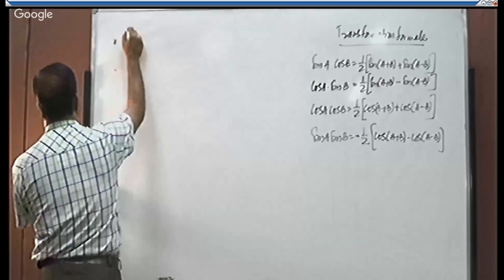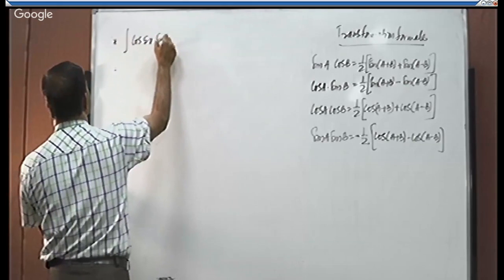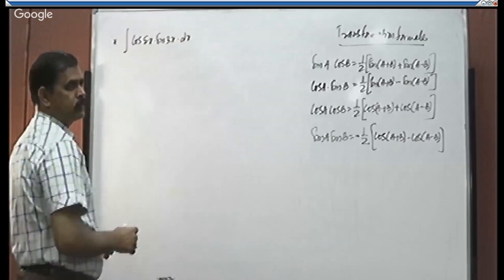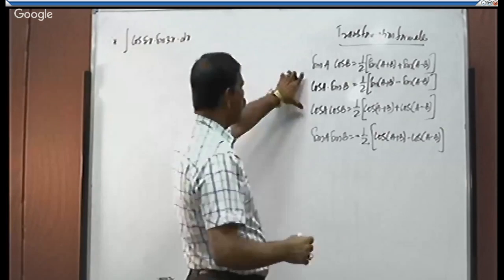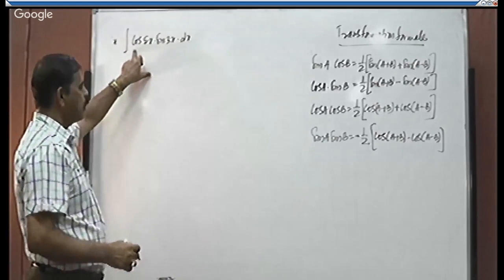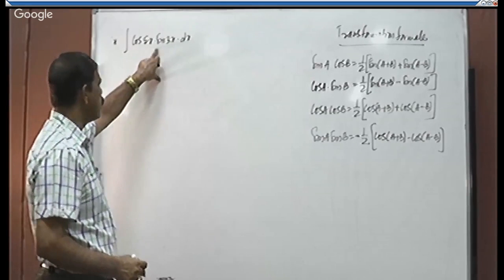See the example. Integration of cos 5x into sine 3x dx. Based on these four transformation formulas, we are working out problems. The given problem is in what form? Cos A sin B, correct?